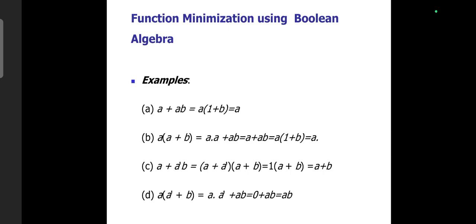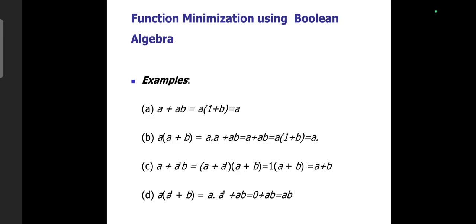For the first one you can go for factoring, so that you will get the final result, and for the second one you can use expanding and simplification, and for the third one you can expand and simplify, and the fourth one also you can expand and simplify. So for expanding and simplification, we try to apply the Boolean algebra theorems that we have studied so far.